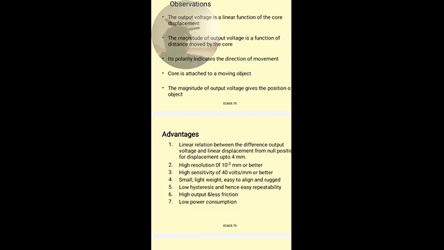The relation between the differential output voltage and displacement from the null position of the core is linear for a displacement of about 4 mm. It produces a high resolution of 10 power minus 3 mm.